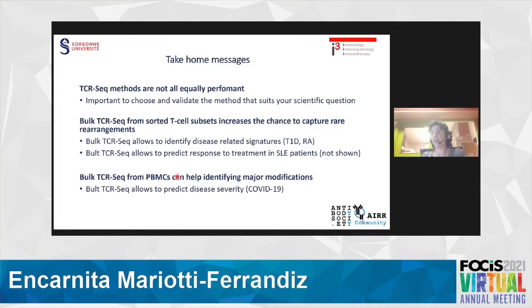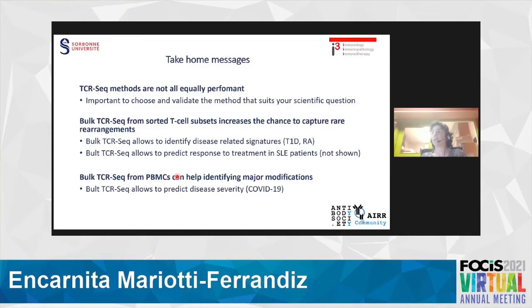The second point I hope I convinced you of is that using bulk TCR sequencing from sorted T-cell subsets may increase the chance to capture rare rearrangements. And this by showing you that we identified disease-related signatures in T1D and airr.